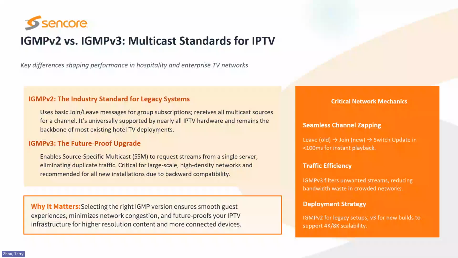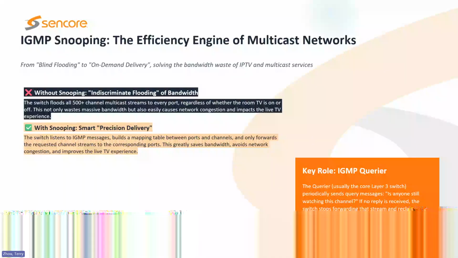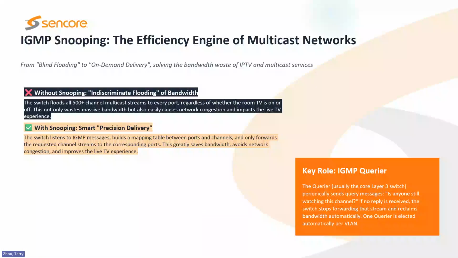So IGMP snooping and IGMP query are partners. They work together. Without IGMP snooping, you will not be able to properly manage the streams in the network. The IGMP query is like the server side.